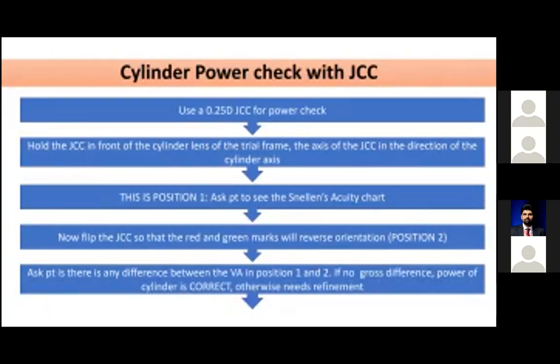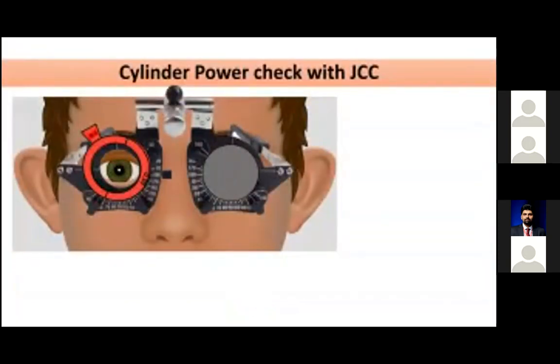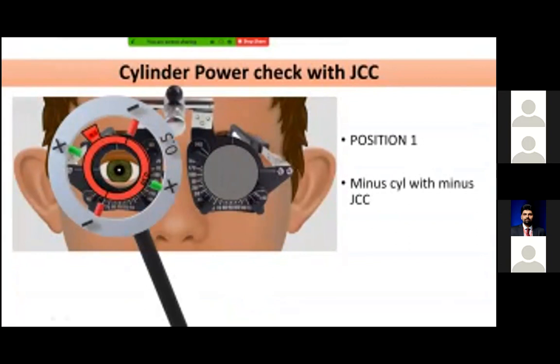Let us see in our example. Now in our example, we have our minus 0.5 diopters at 80 degrees, and we'll place the JCC with its axis in the direction of the cylinder. So now we place this with the minus at 80 degrees and the plus at 170 degrees. This is position 1, and we switch over to position 2.